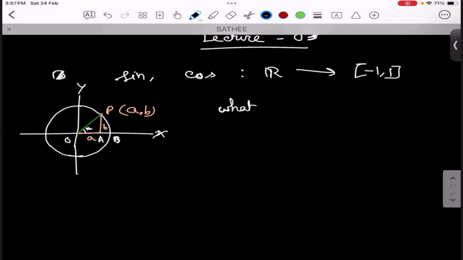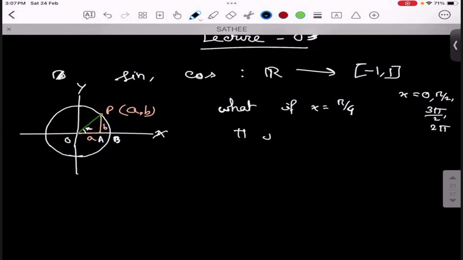Now we have discussed x equals 0, pi by 2, 3 pi by 2 and 2 pi. Now what if x equals pi by 4?